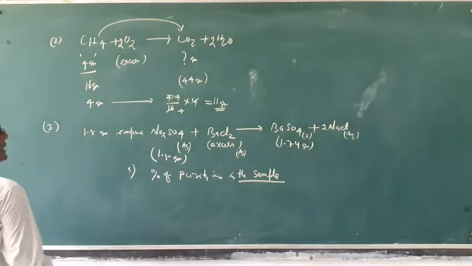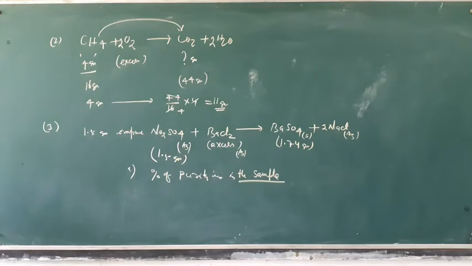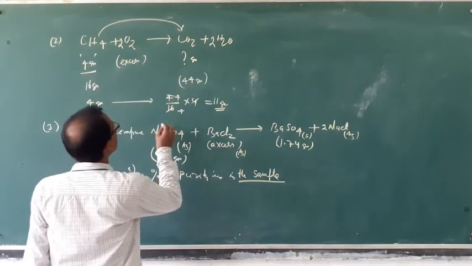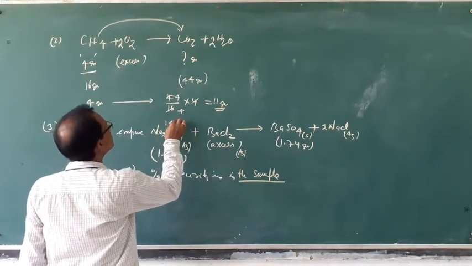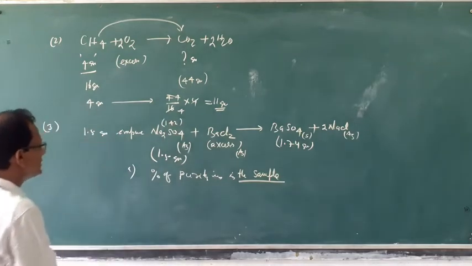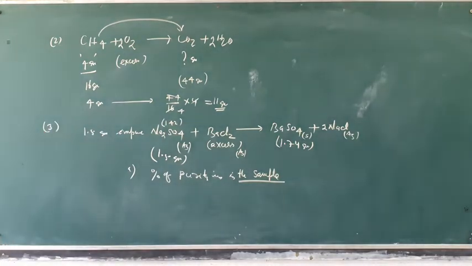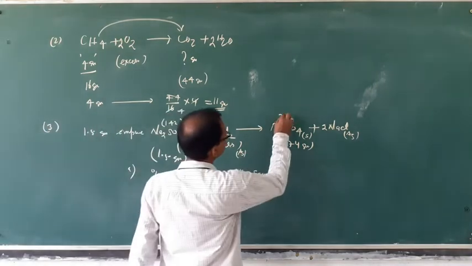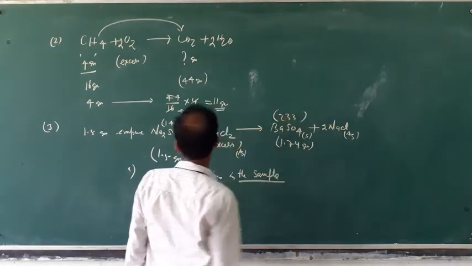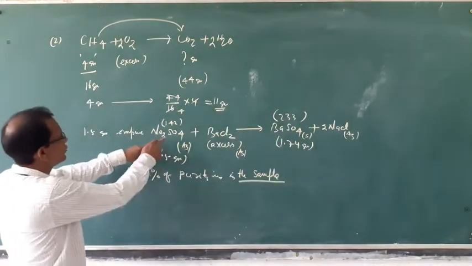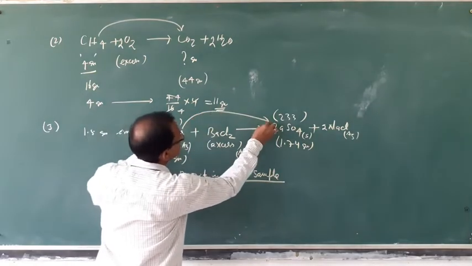If you see the molar mass of sodium sulfate, what is that? 142 grams. Its molar mass is 142. What is the molar mass of barium sulfate produced? Barium sulfate molar mass is 233. Because it is a relation between sodium sulfate and barium sulfate.